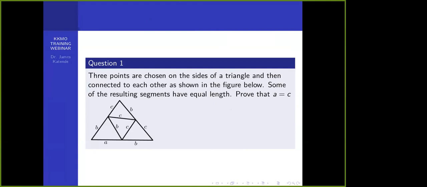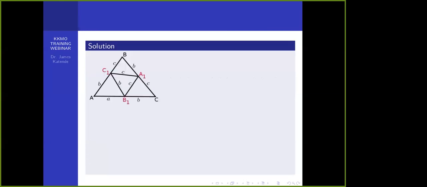So I'll move on to the solution. You can probably check to see if you had the same ideas we will use in the solution. Here is the same diagram again, but now we have labeled it.